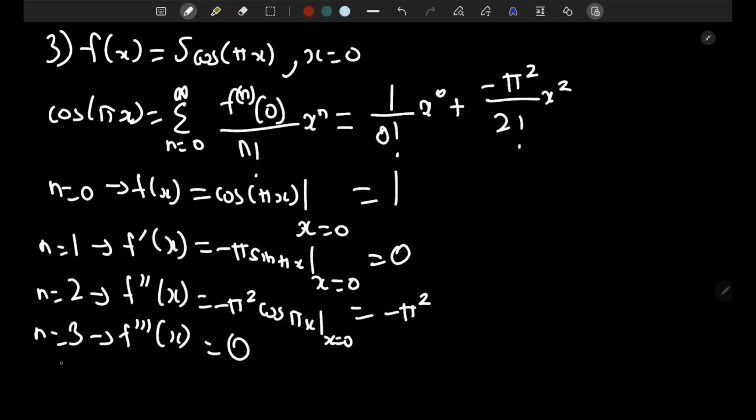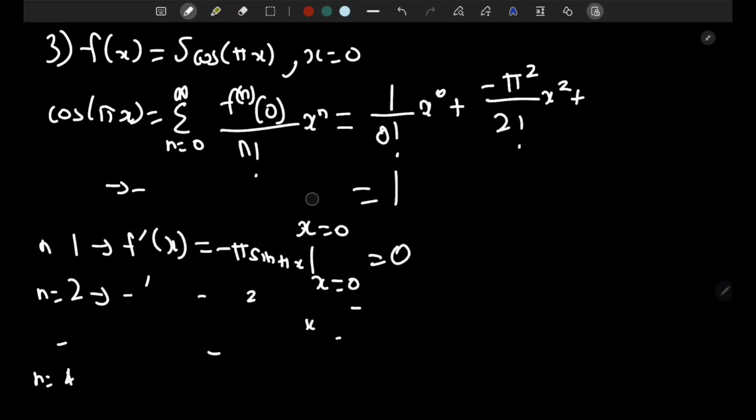And when you have n equal to 3, that is also equal to 0, so we ignore that again, and find the next one. So when n is equal to 4, we still need to find our first 4 terms, by the way. So you skip the ones which are zeros, and you only take the ones which have a value. So when n is equal to 4, I'm going to erase this part over here so we have more space.